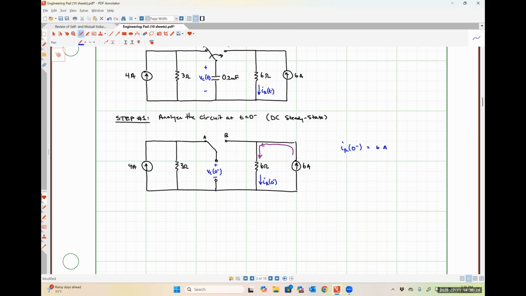Okay. So using a very similar line of thought, how would we find VC at 0 minus? Could you do KVL around that loop?